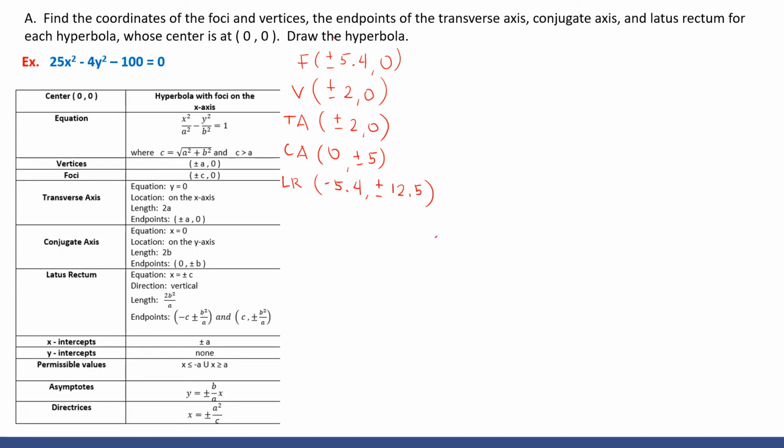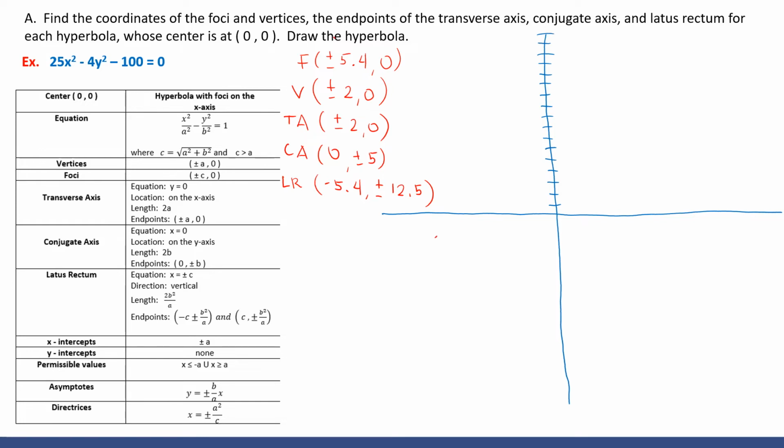Again, gawa tayo ng Cartesian plane. Let's say x-axis. And then ito yung ating y-axis. So, guhit lang tayo. 1, 2, 3, 4, 5, 6, 7, 8, 9, 10, 11, 12, 13, 14, 15, 16, 17.